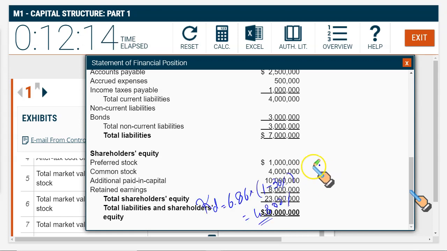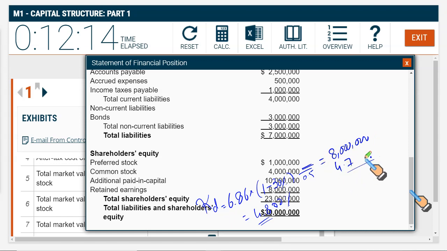All right, so just plug in the numbers. We have $4 million of common stock book value. Each stock has a par of 0.5. We just saw that a little while ago. So 4 million divided by 0.5 means we have a total of 8 million stocks outstanding, and each has a market price of 4.7.